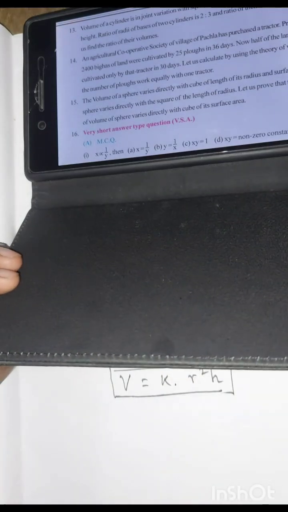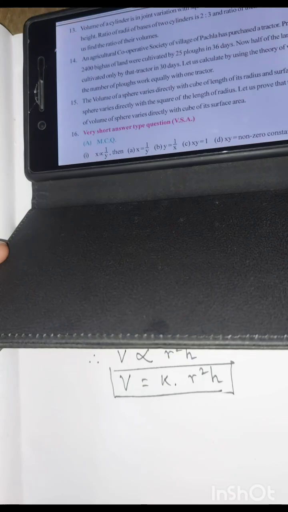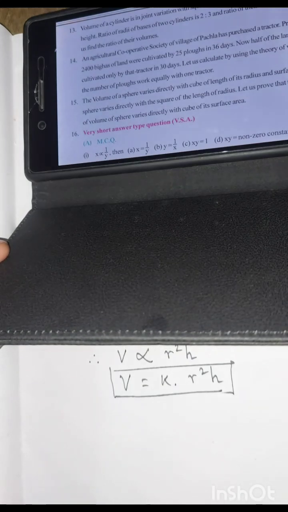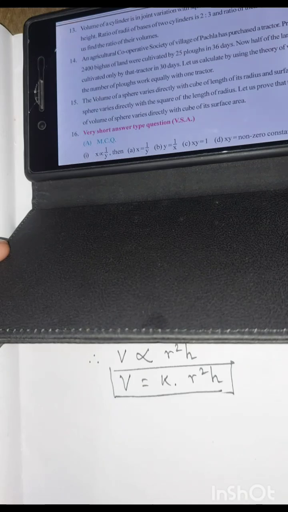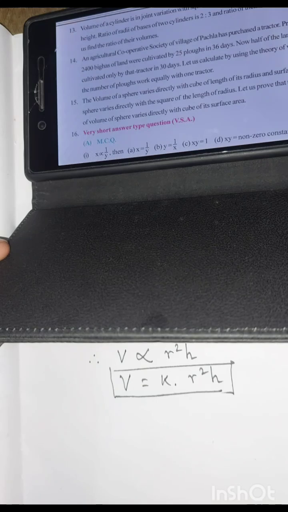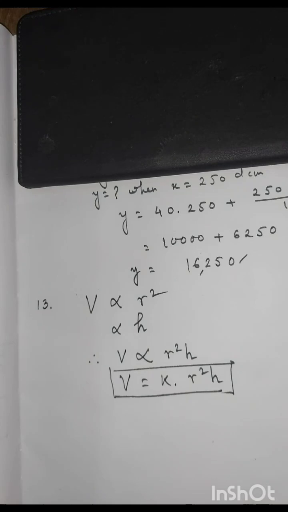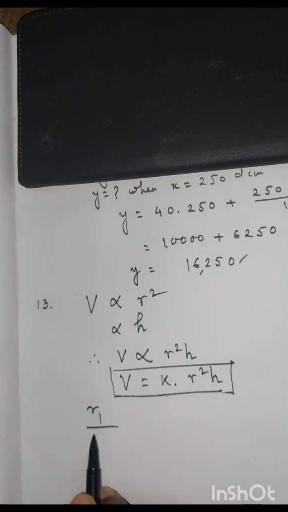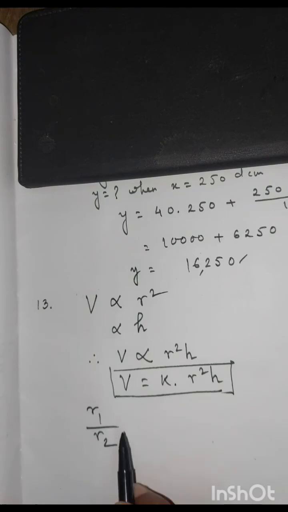Now the question says we have two cylinders and the ratio of their radii of bases is 2:3. So we have two cylinders, the ratio R1 and R2. This is the radius of first cylinder, this is the radius of second cylinder.